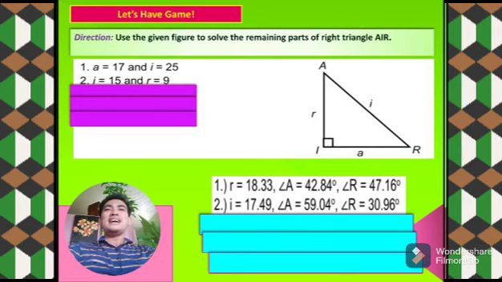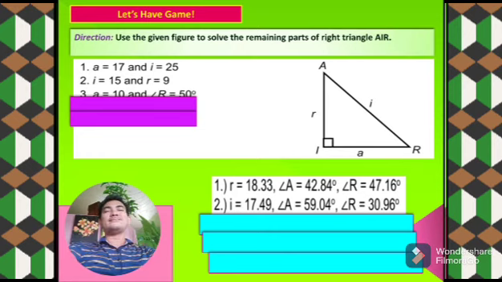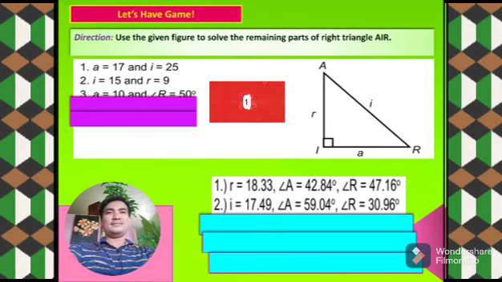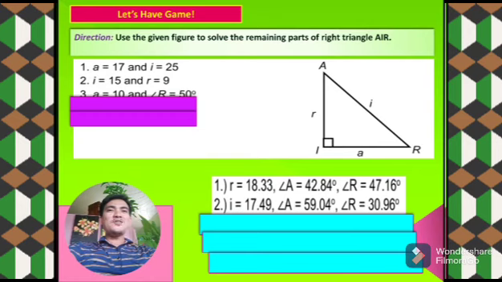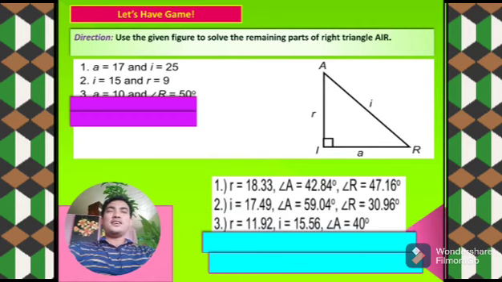Congratulations. Now let's proceed to number 3. A is equal to 10 and angle R is equal to 50 degrees. 5 seconds. Go. And the correct answer is on the screen. You have it there. Congratulations.